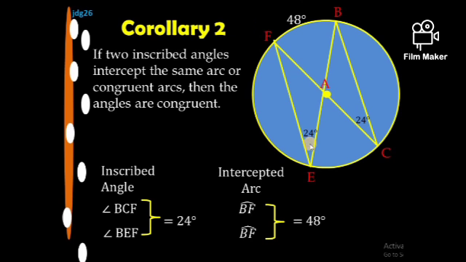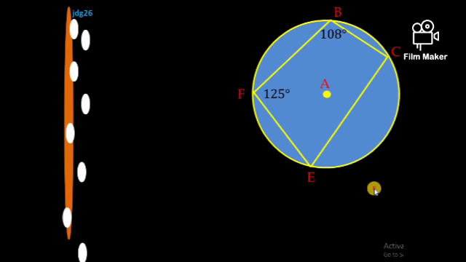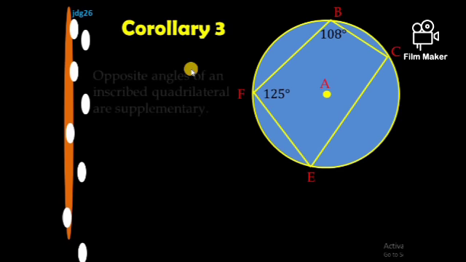Ang angle natin ay kalahati for 24 degrees. And which is true that the two angles are congruent. Kasi parehas sila ng measure. Bakit sila nagkaparehas ng measure? Kasi parehas sila ng intercepted arc. And they are both inscribed angle. And, that's it.